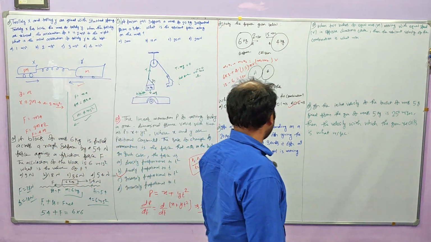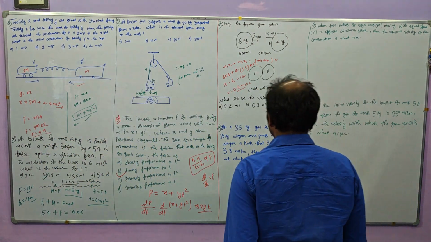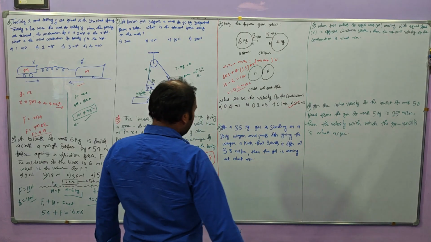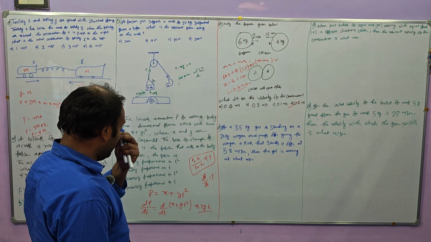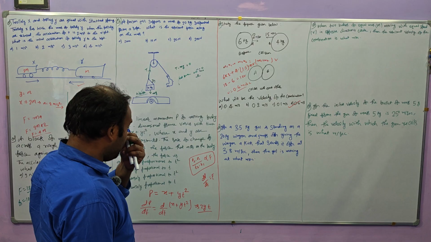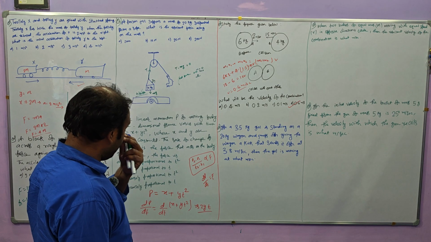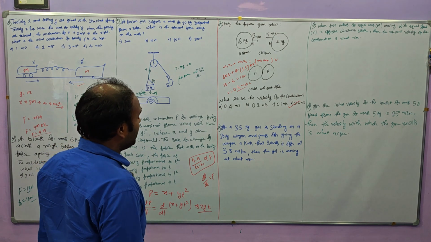If a 35 kg girl is standing on a 20 kg wagon and jumps off, giving the wagon a kick that sets it off at 3.8 meter per second, then the girl is moving at what meter per second?